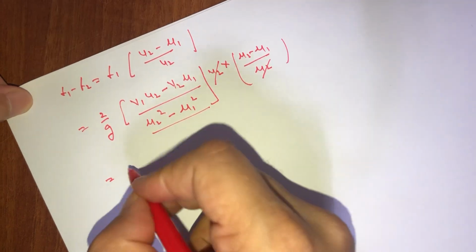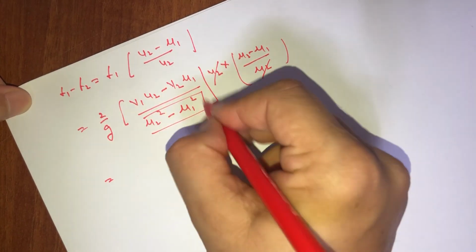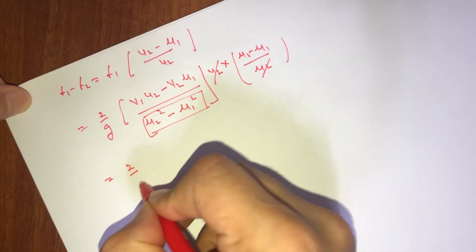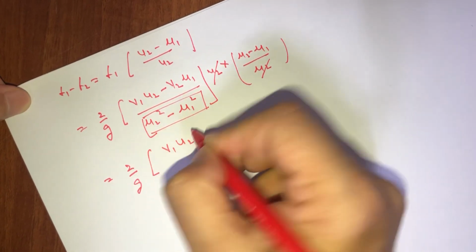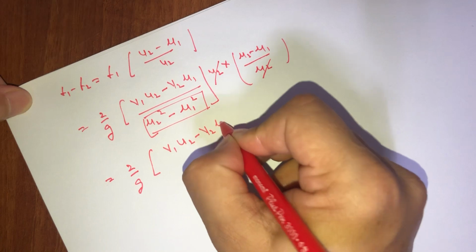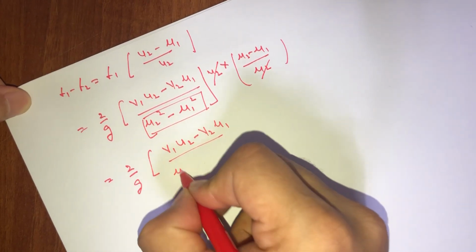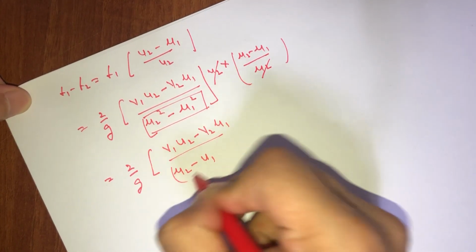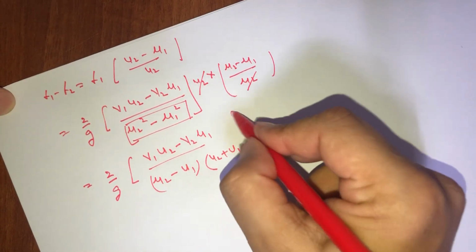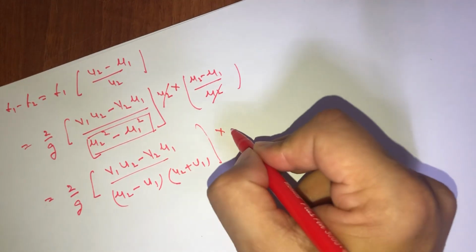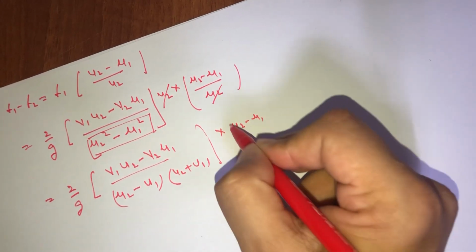We can write the denominator as u2 minus u1 times u2 plus u1, multiplied by u2 minus u1.